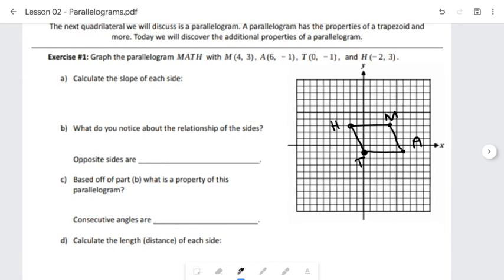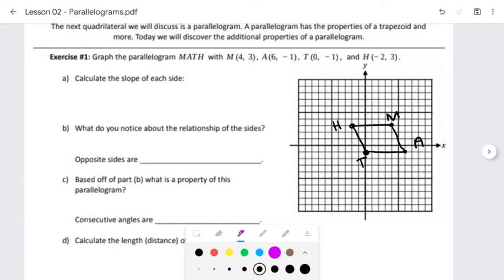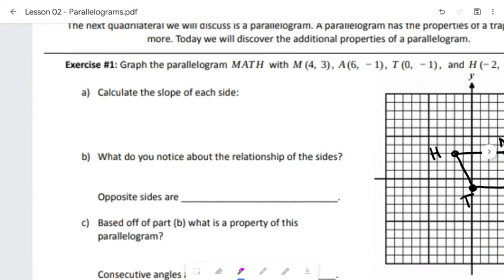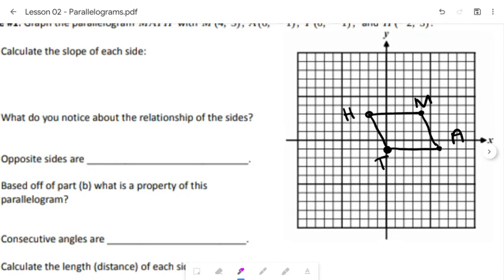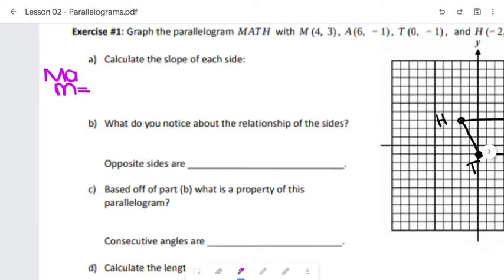So first thing we said we were going to do is calculate the slope of each side. So if I look at the slope of MA, well, I'm going down 4 over 2, right? So that would simplify to -2 over 1.